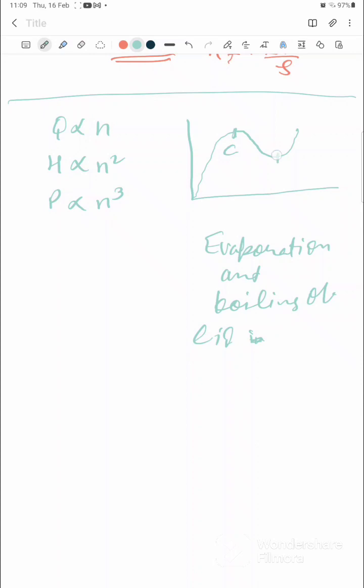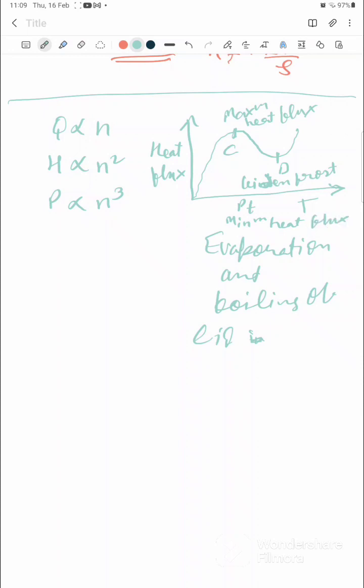This is C, this is D, here maximum heat flux, this must be temperature, and this is heat flux, and D is Leidenfrost point. Leidenfrost point, minimum heat flux.